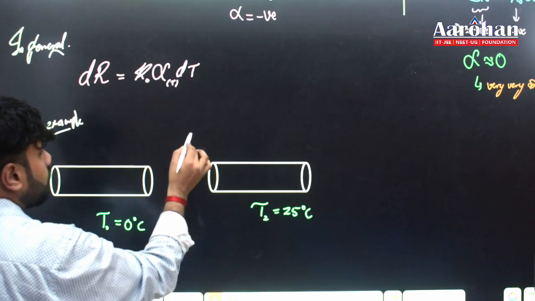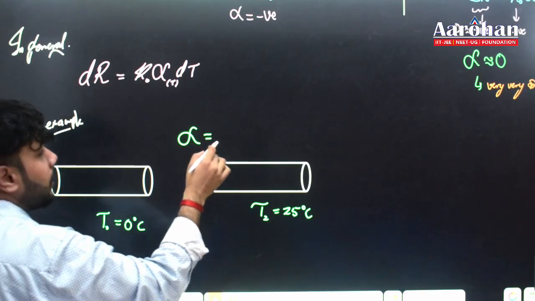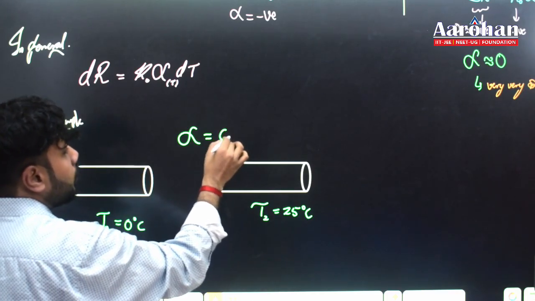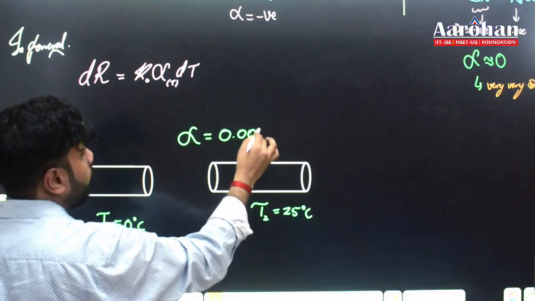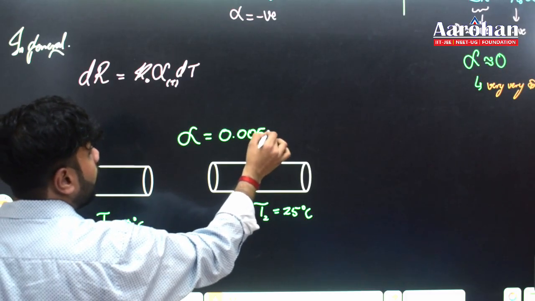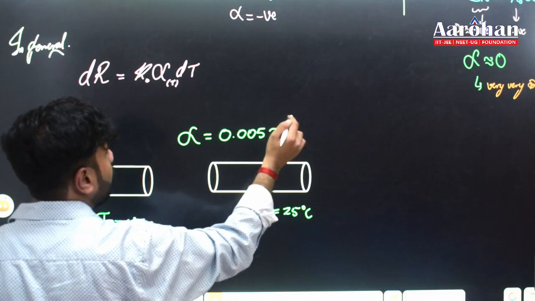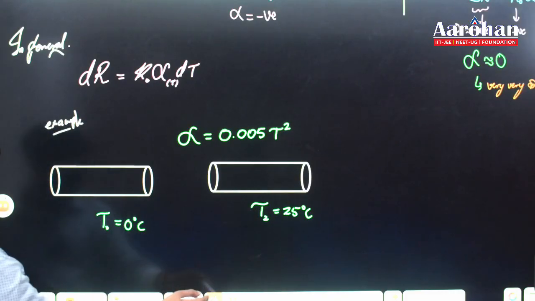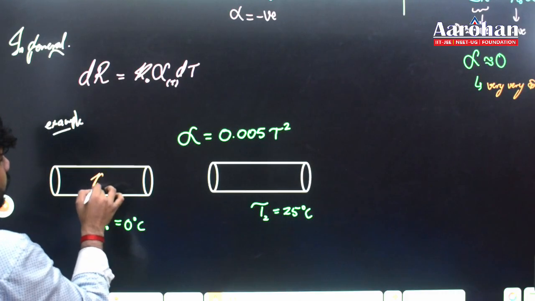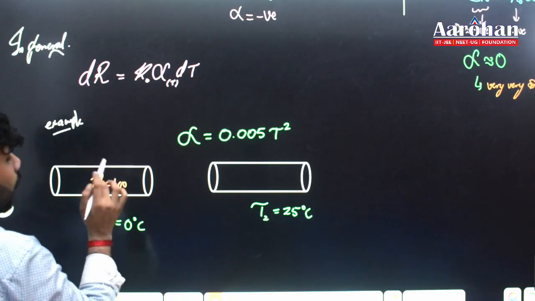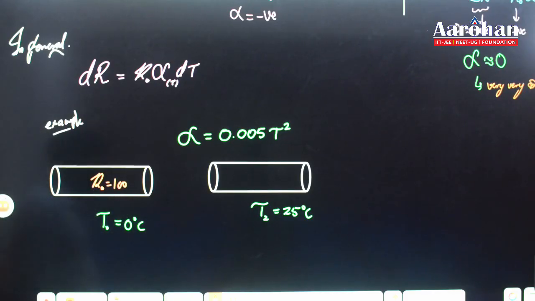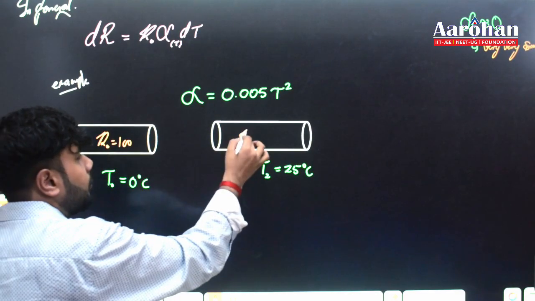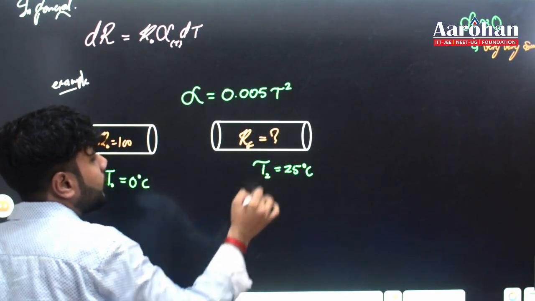Let's say the alpha of the material, I'm taking an example, you can do the other one, is 0.005 times T squared. Let's say the initial resistance is taken to be 100 ohm, and they are asking, if the temperature becomes 25 degrees, what is the final resistance at that time.